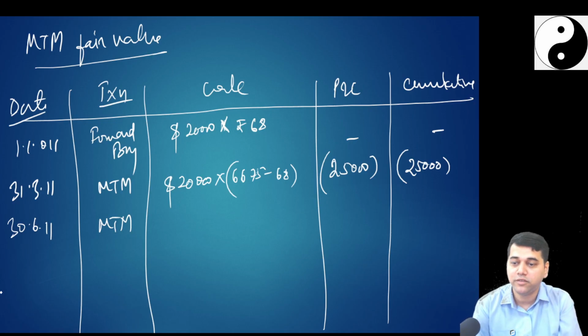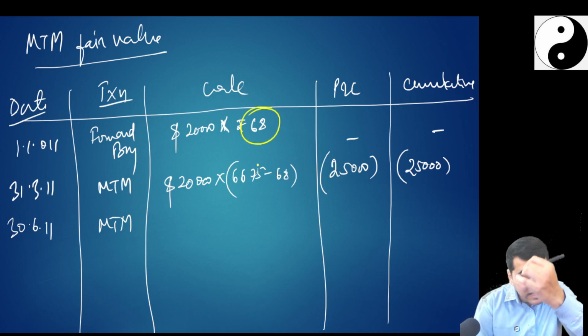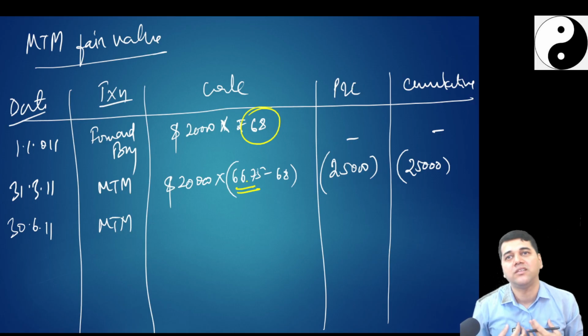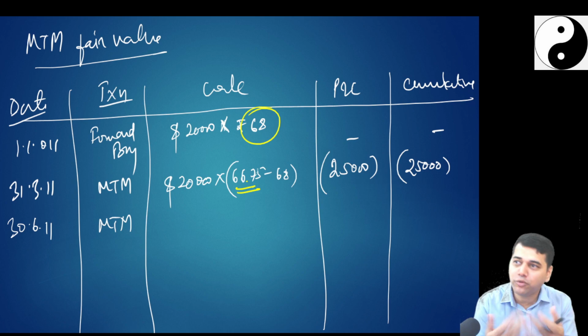Mark to market means your original contract was at 68. By booking the loss, you have restated your contract at 66.75. That means 68 is no more relevant to you because that much loss you already booked. No more feelings. Correct, no? Once booked means booked, gone.